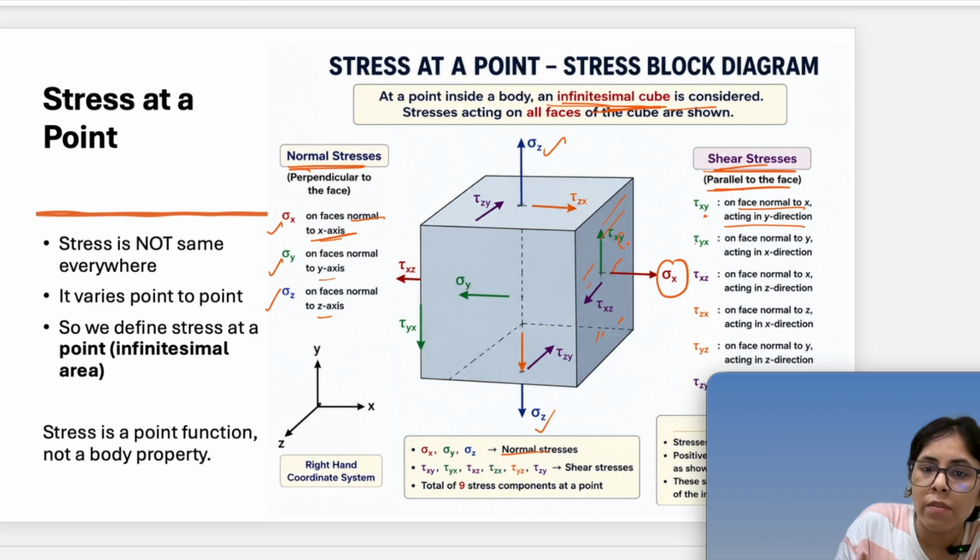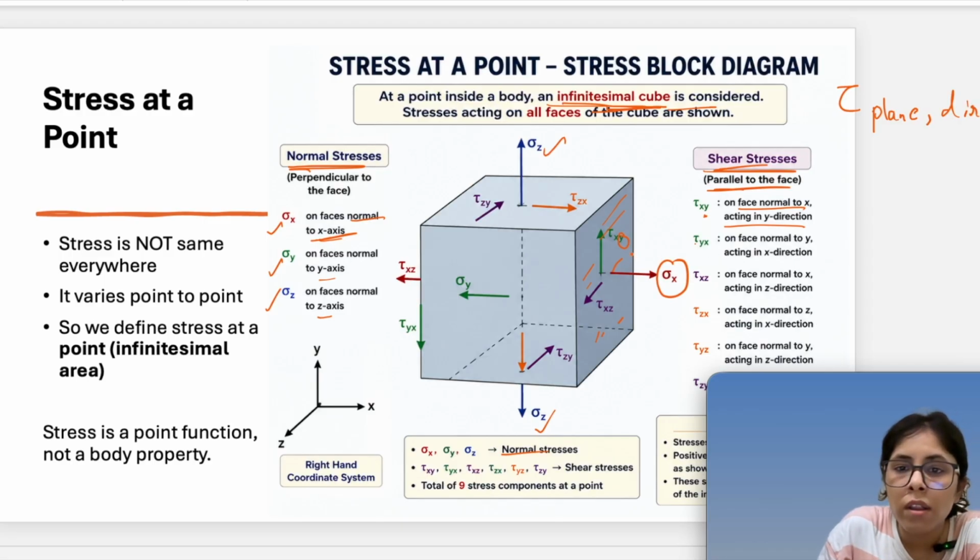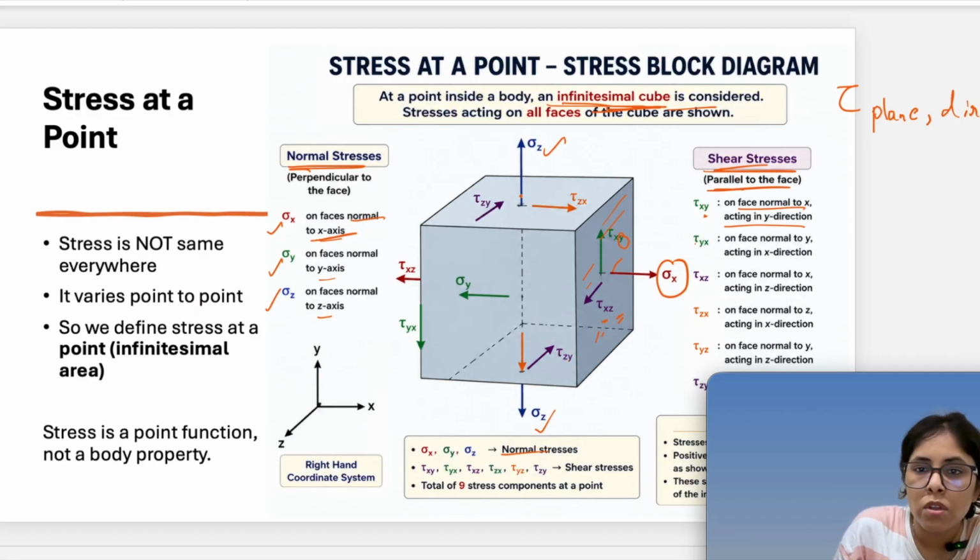The first subscript gives the plane and the second gives the direction. On the plane x in the direction y, tau xy. On the plane x in the direction z, tau xz. On the plane z in the direction y, tau zy. This is how shear stress works.